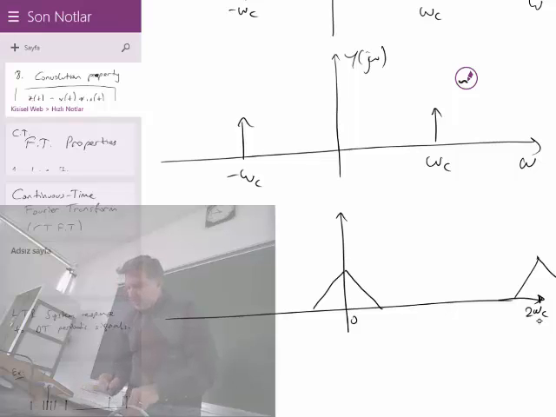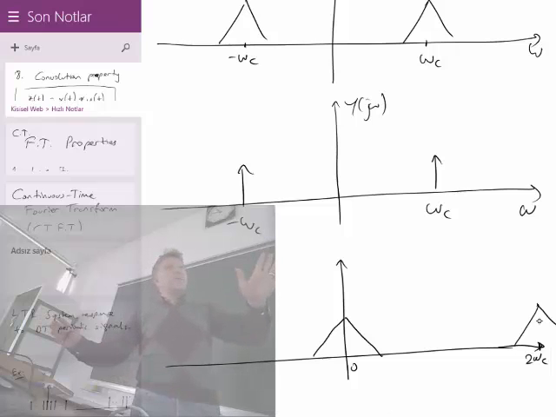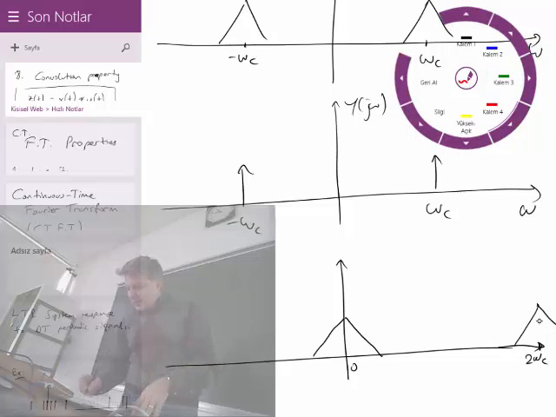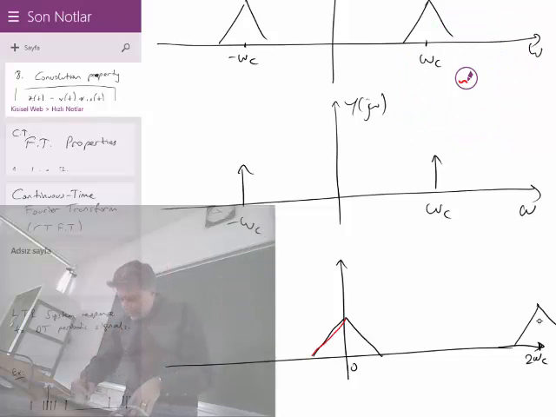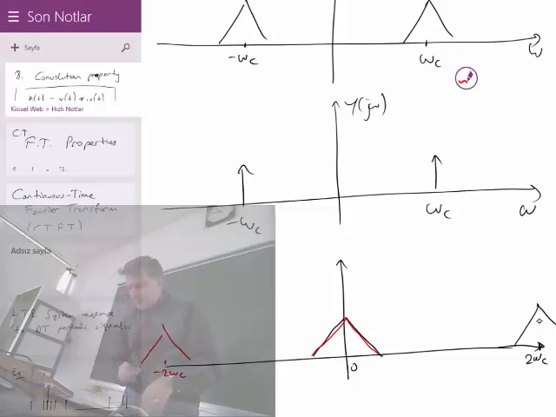This is around 0, which is the shifted version of the top shape towards right by an amount of omega c. And then with red this time, I will draw the shifted version of the top shape towards left, which is this triangle and another triangle around minus 2 omega c.